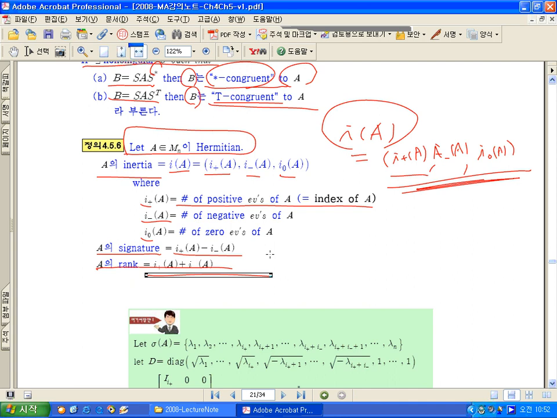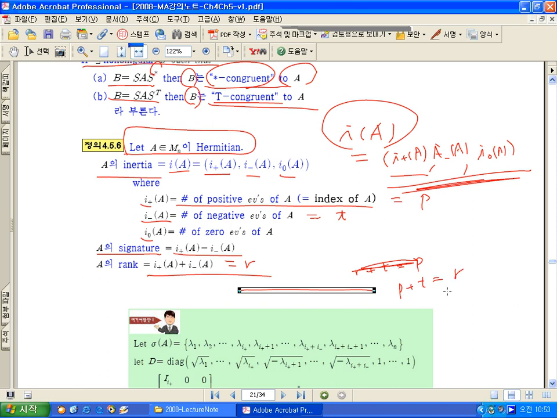So it is the addition of I plus of A and I minus of A. Let's say the rank is R and the index is P, and the number of negative eigenvalues is T. Then P plus T is equal to R, so T is equal to R minus P. Then what is the signature?